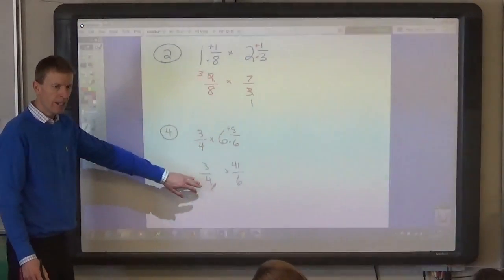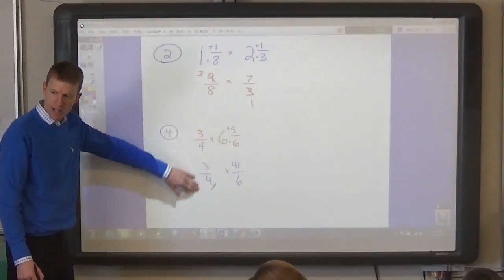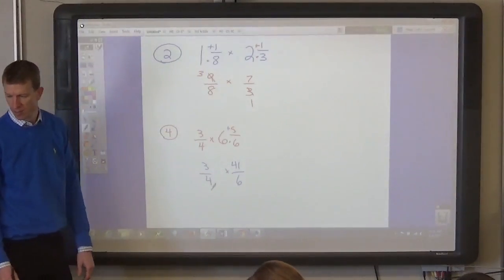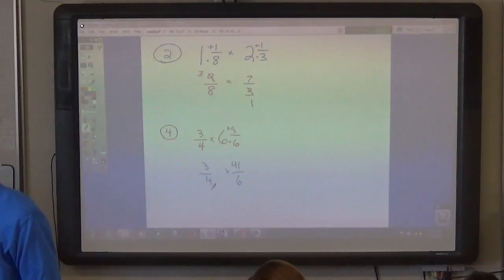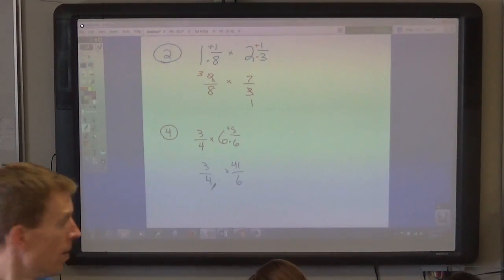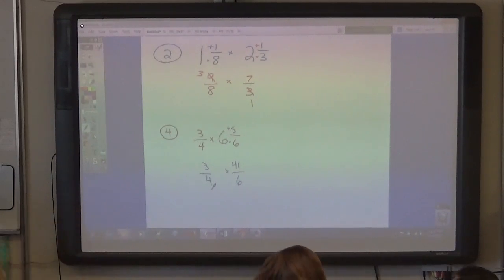So rewrite it underneath. That way it's lined up. And then factor it. And then multiply.